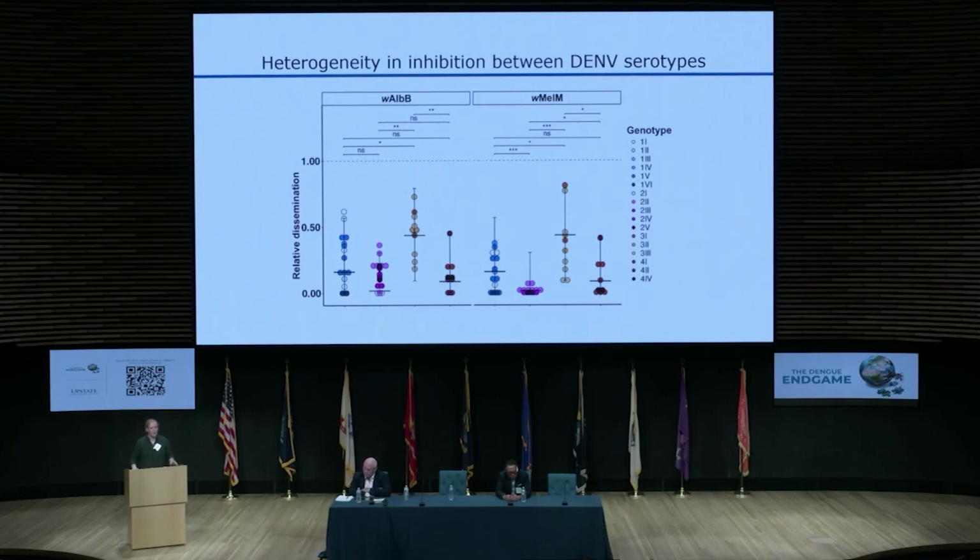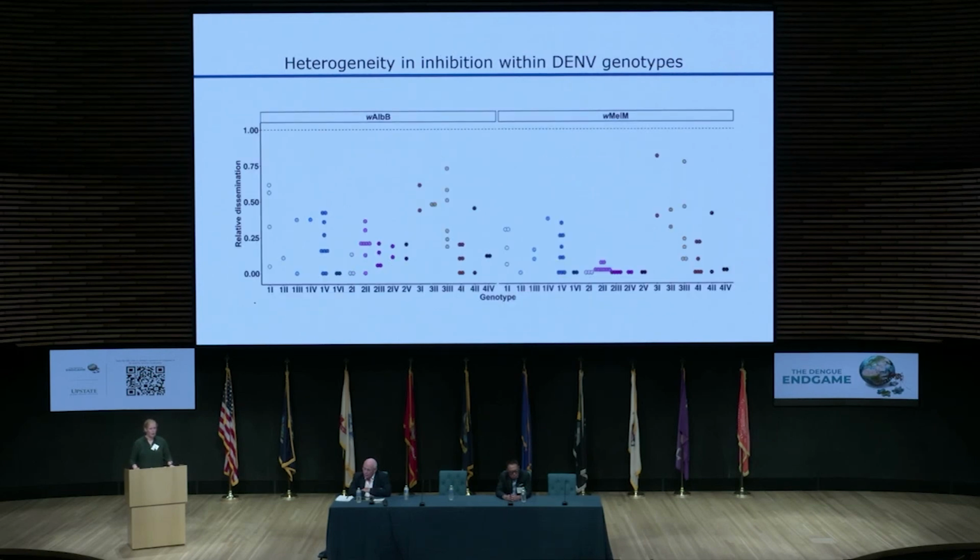And now again, we're starting to see some patterns. I think the main takeaway is that for any of the serotypes, there is a lot of variation. But particularly in dengue 3, we see the most strains with the least inhibition, which could be concerning.